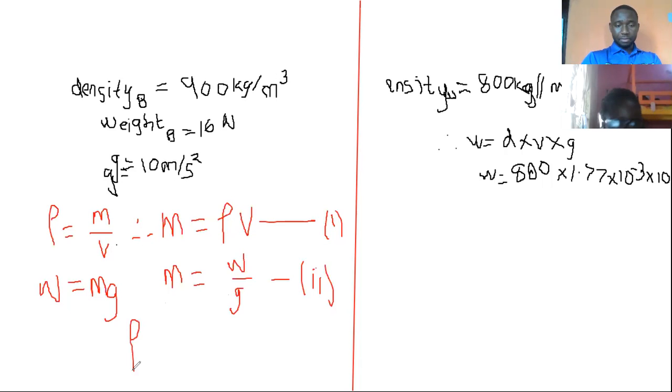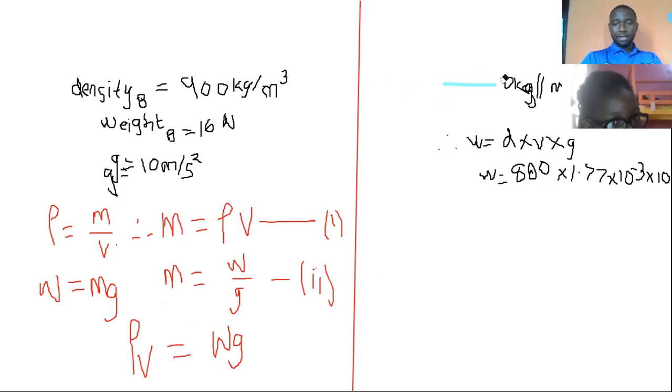We say the density of the substance, which is 900, is equal to this. Okay, from here, I want you to find the volume for me.